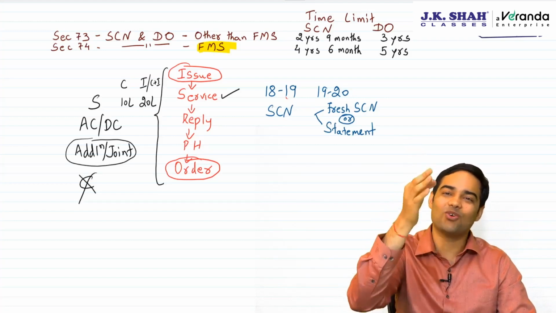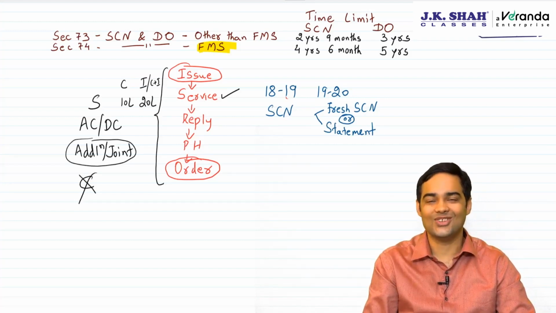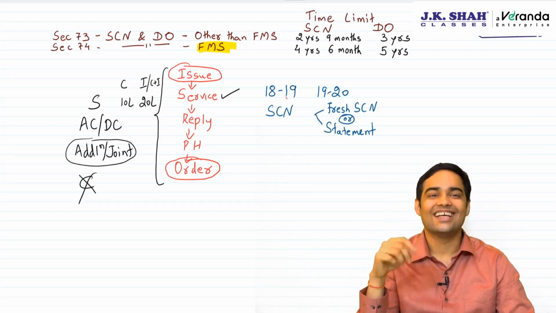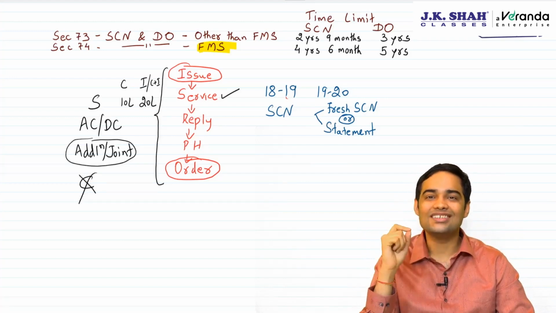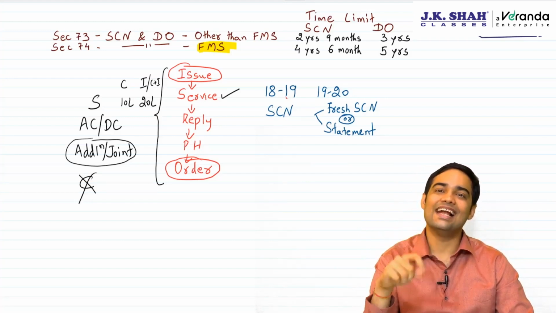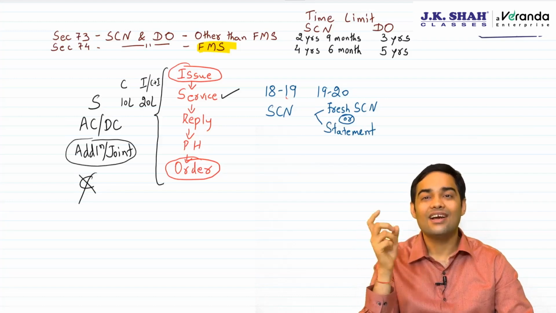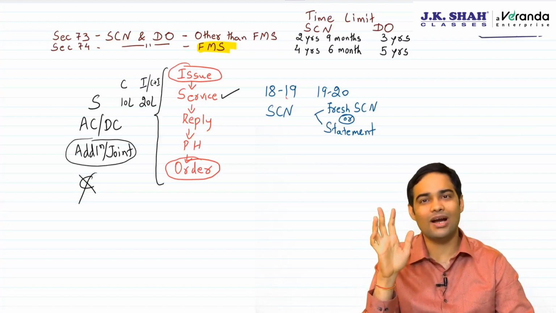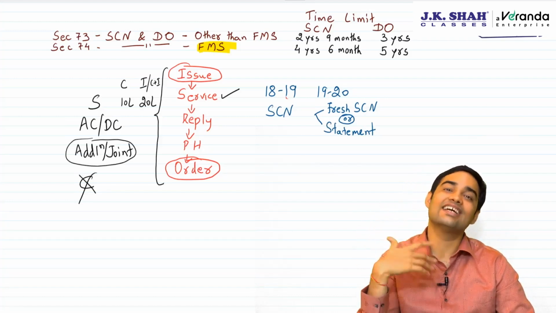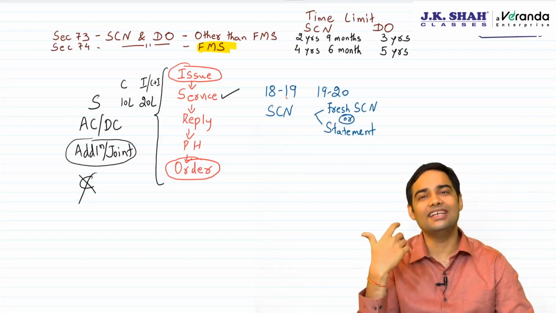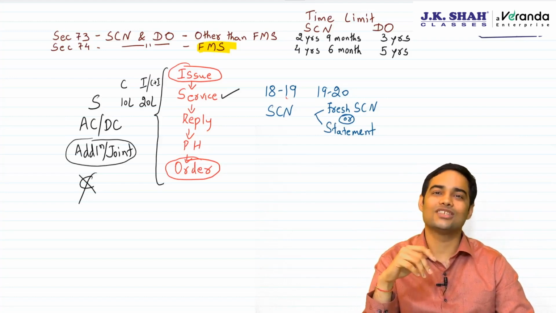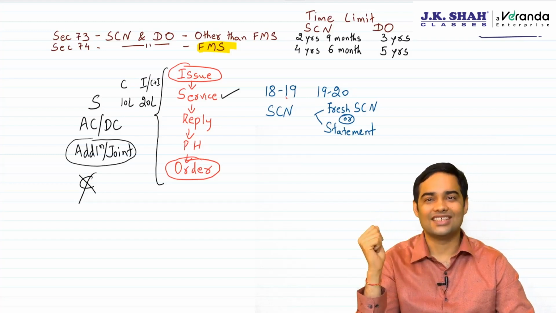Government has provided a solution to this. What does the law say? The law says if notice under 74 is held to be invalid, that means there is no fraud, by a court, in such cases, it would be deemed that the notice was issued under other than fraud, that is Section 73.